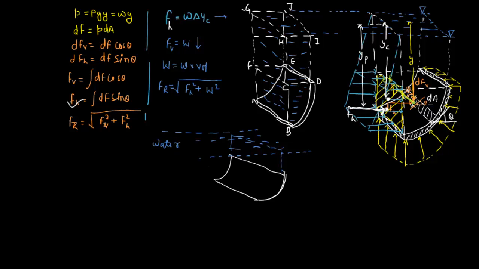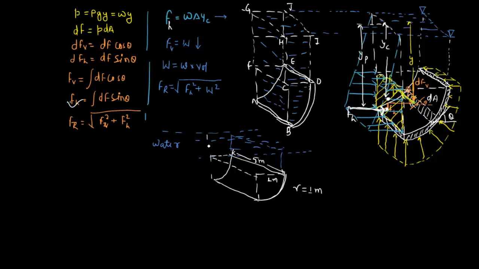Let's say the radius of this one is 1 meter, and there is also some length, which I'm saying is 5 meter. So the radius is 1 meter and the length is 5 meter here.